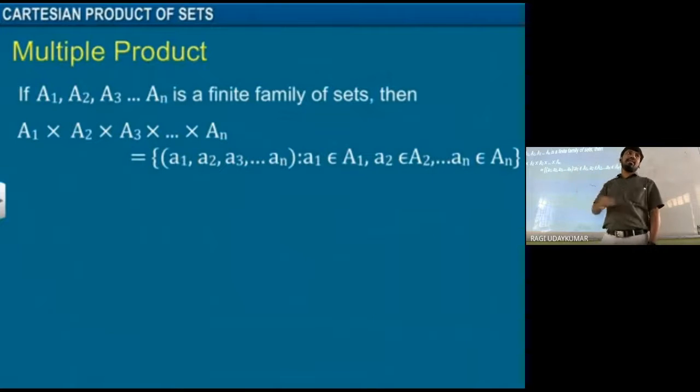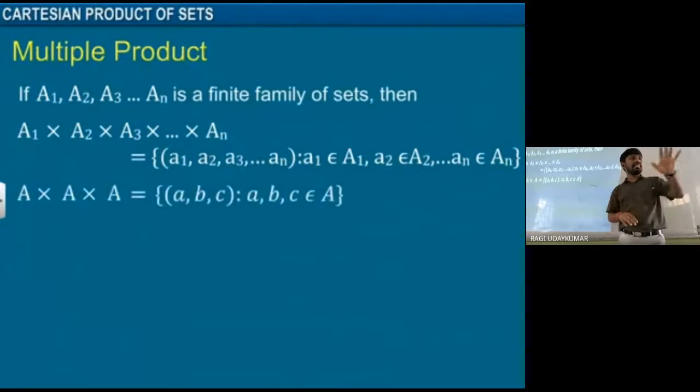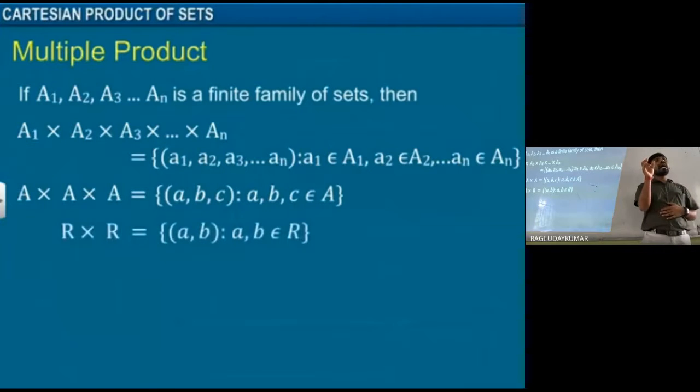Suppose there are 3 elements in the brackets; normally we call that an ordered triplet. In general this is called an n-tuple, which is not actually needed here. Suppose 3 sets are taken in A1 cross A2 cross A3: (a, b, c), the first from the first set, the second from the second set, and the third from the third set. So with multiple products you are not going to get an ordered pair.